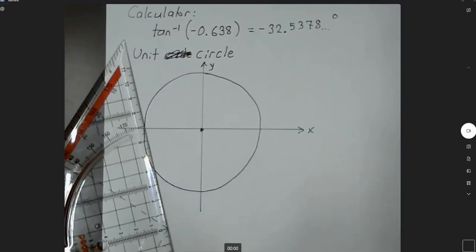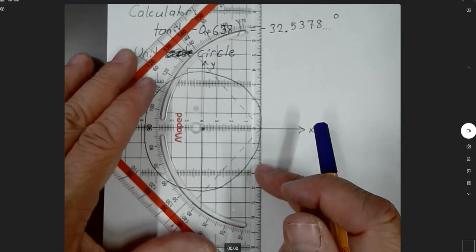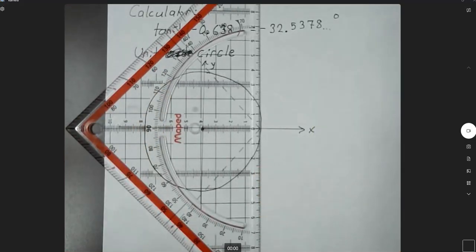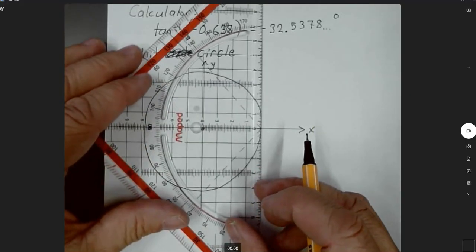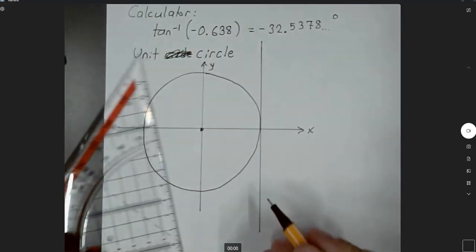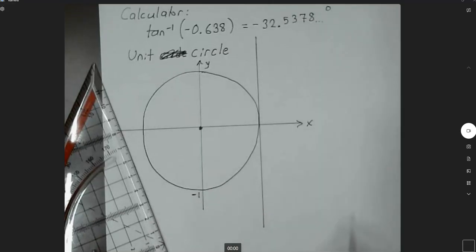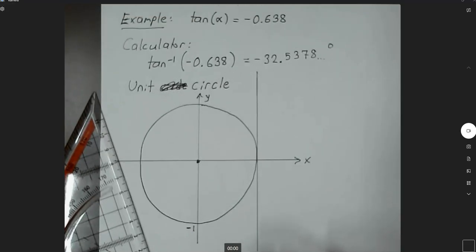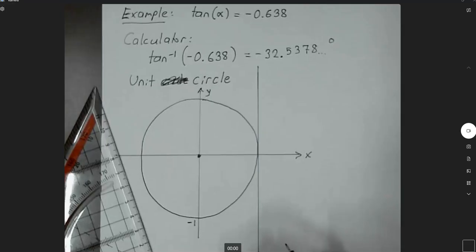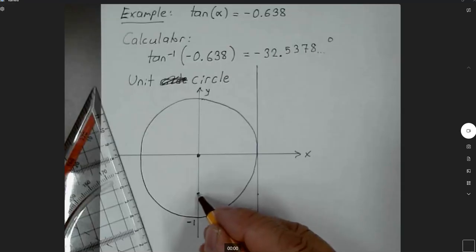and we are now solving the tangent equation, so we draw the tangent line at the right end of this circle, the vertical line. And when we have here the value of -1, so this minus 0.6 is about, I would say, about here.